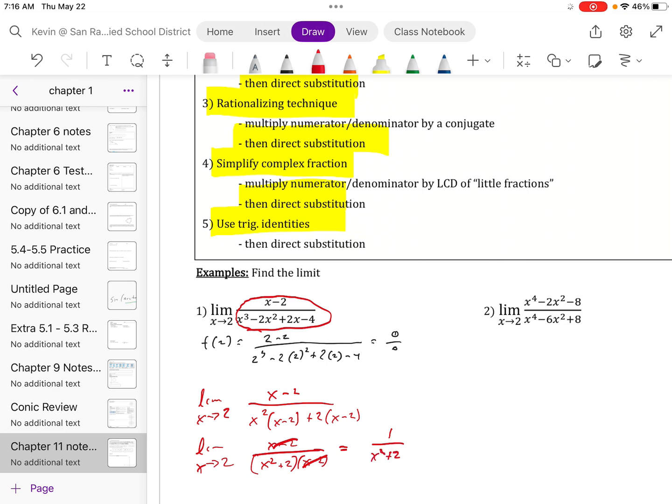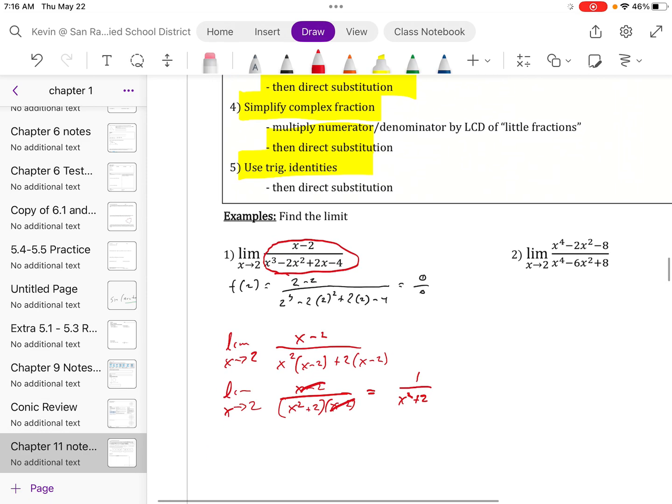So now if we sat there and said, well, let's take the limit as x approaches 2 of 1 over x squared plus 2. In this case, now we do direct substitution. So we could say, f of 2 equals 1 over 2 squared plus 2.